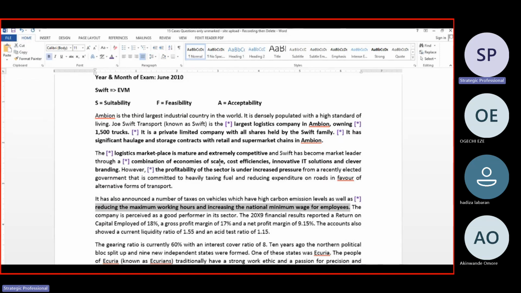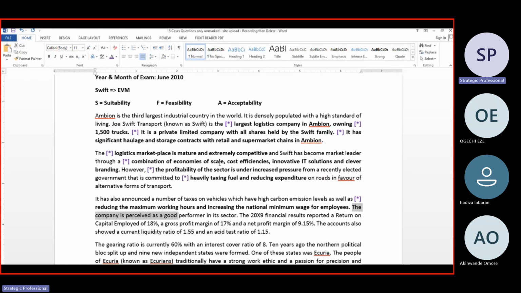Because of this, the profitability of the company will be under pressure. See, the profitability of the company will be under pressure because of two things. One is because of heavily taxing fuel. And the second one is the wage level is also increased and the working hours are reduced.